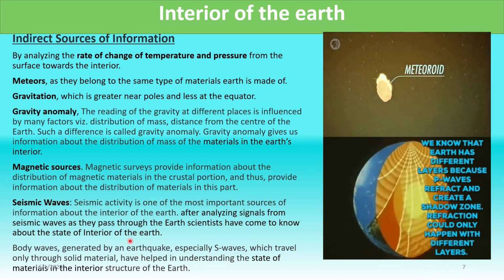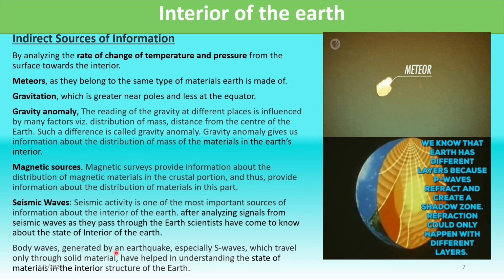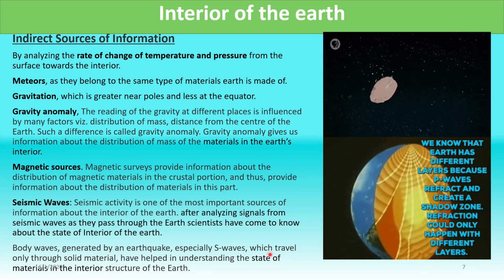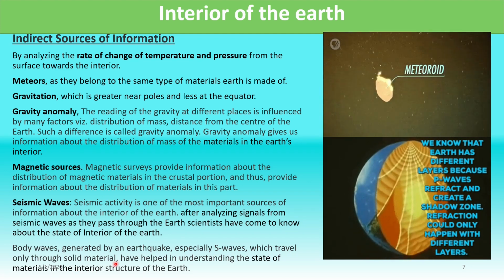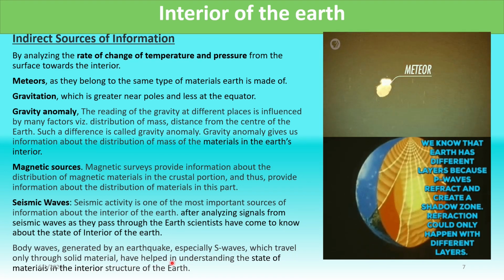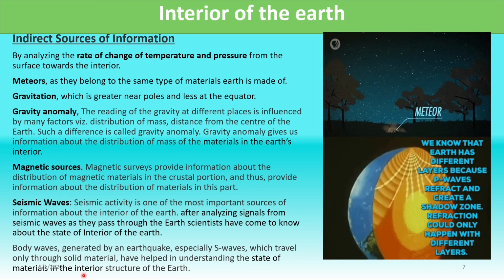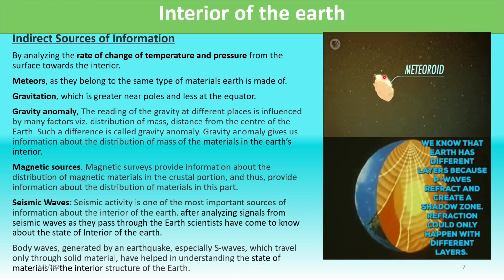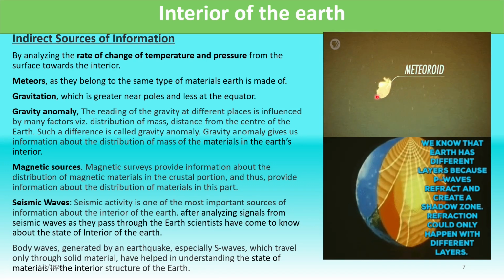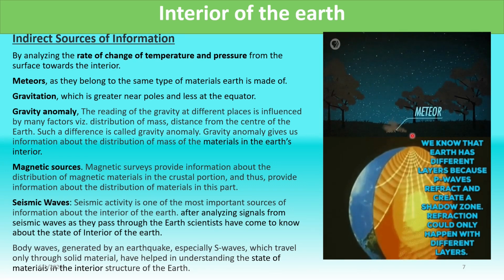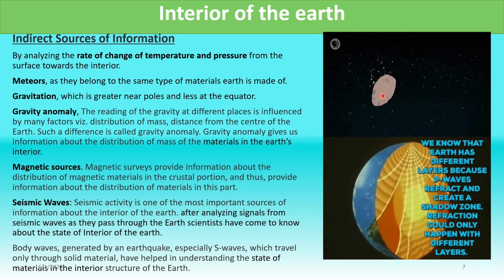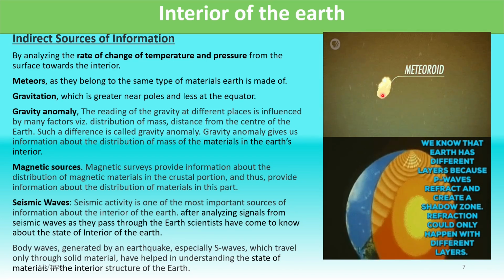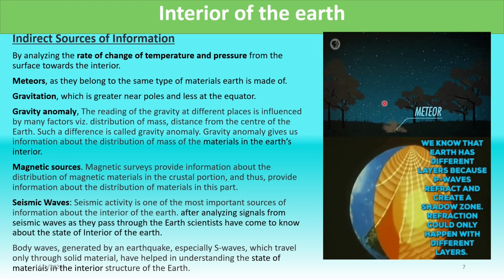Body waves generated by an earthquake, especially S waves, which travel only through solid material, helped in understanding the state of materials in the interior of the Earth. Here, the meteorite or meteoroid which touches the Earth as a meteorite is actually the same type of material the Earth is made up of.